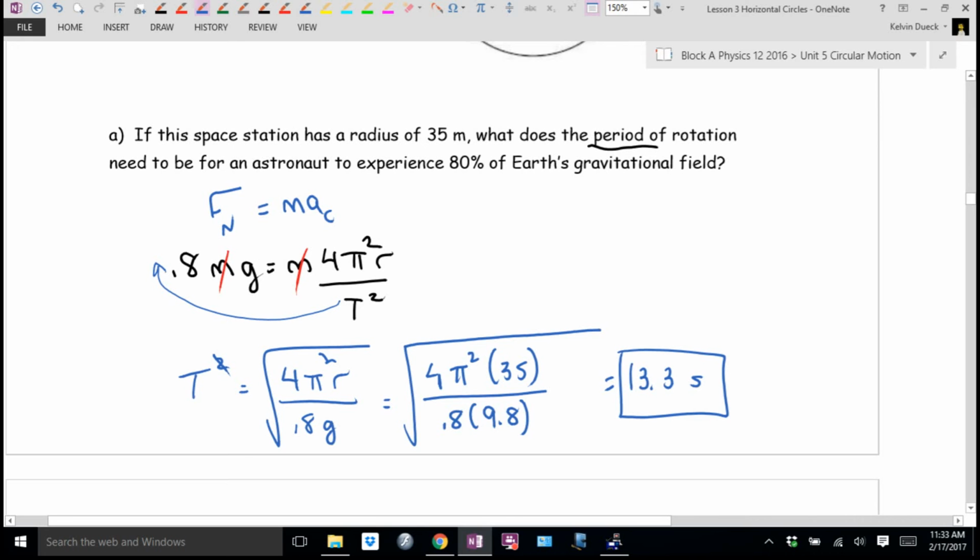Now, there's a bit of a problem with this. Ideally, this would work. In reality, even the difference in height between your feet and your head would be enough that your head would feel a slightly different gravity. I suspect you'd feel seasick and throw up for quite a while until you got used to it, because there's not a big difference when we add your body to the radius of the Earth.